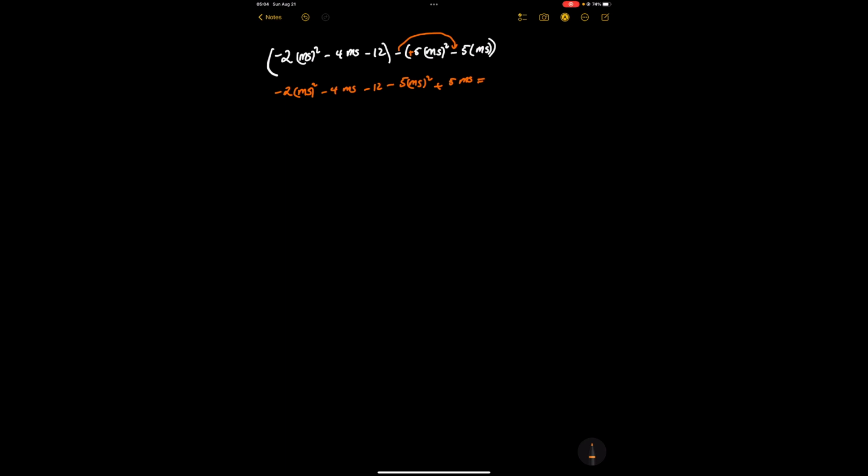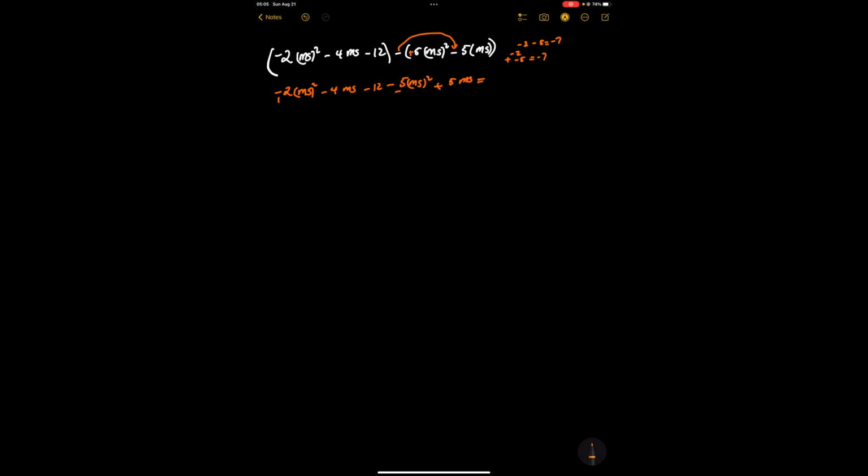What would that equal to? -2 minus 5. Remember, when you're adding or subtracting, you're basically adding. So -2 minus 5 is equal to -7, because it's -2 plus a -5. You're adding the same sign, so that's why it's -7.